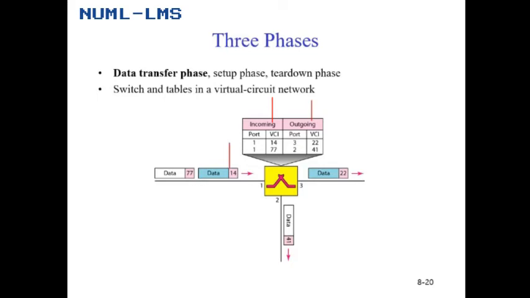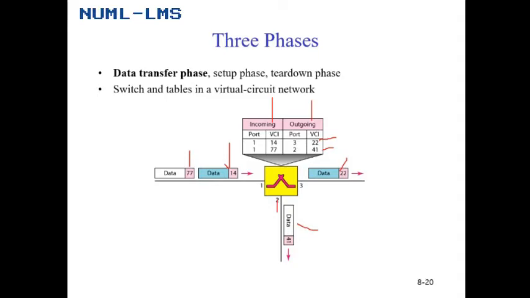The table has already been built, so that if a frame with VCI 14 or 77 comes in, the switch knows what to do. If it is VCI 14, it forwards to port number 3 by giving it another VCI, 22, and if it's VCI 77, we forward to port number 2 and give it a VCI of 41. That's what is shown here in the diagram as well.